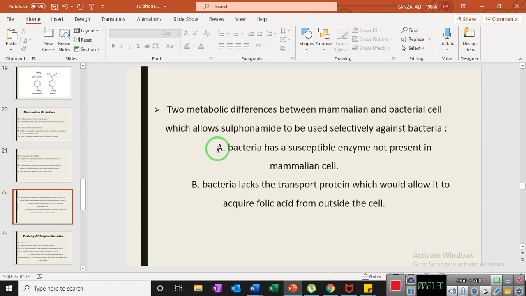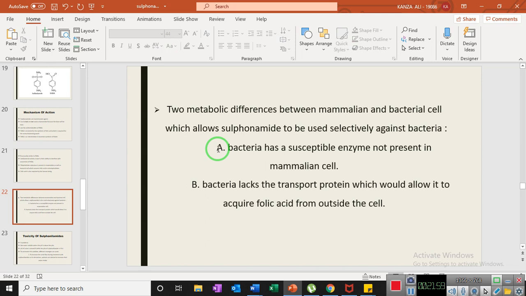Then how can we use those sulfonamides? It means the folic acid is also going to be reduced in the mammalian with the bacterial cells, maybe possible to a very less extent. Why?